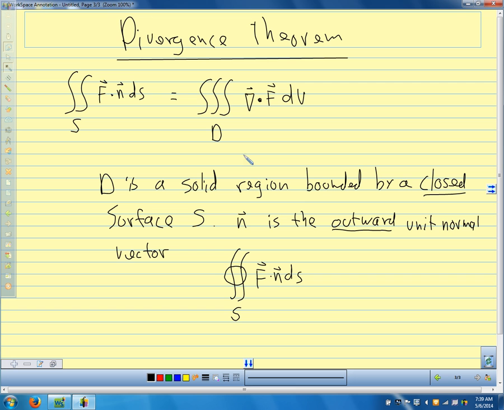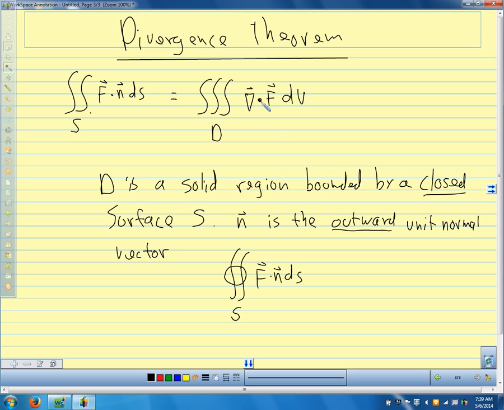What this is telling us in words is that if we sum the normal component of f over our surface, we sum the flux, the outward flow of f over our surface, that's equal to the integral of the divergence over the volume of the solid.